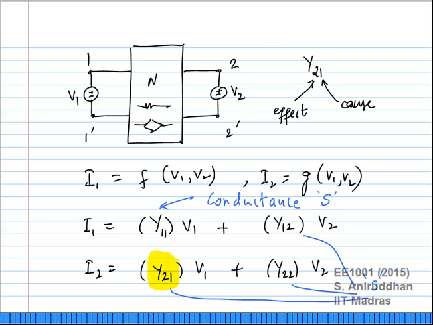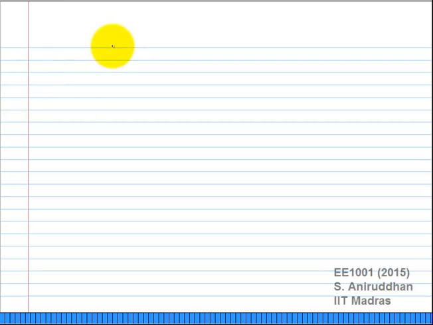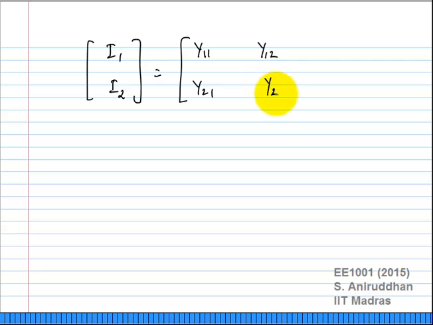So now I have these two sets of equations which describe the behavior of this two-port network. I can write this in matrix form: I1, I2 is nothing but this matrix Y11, Y12, Y21, Y22 times the vector V1, V2.